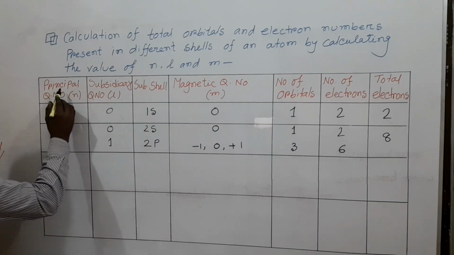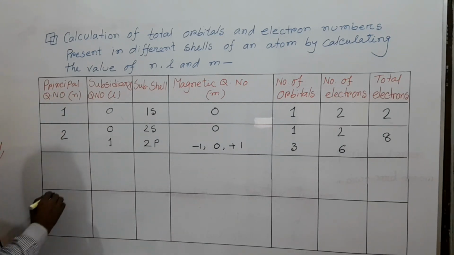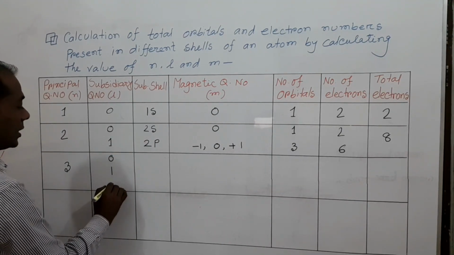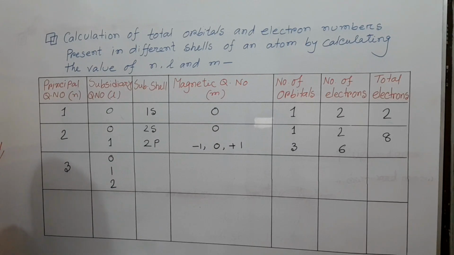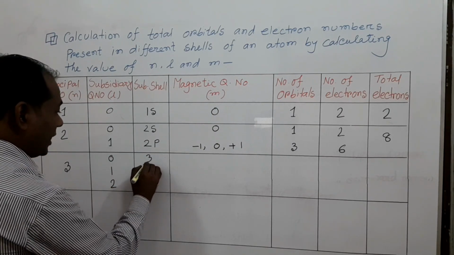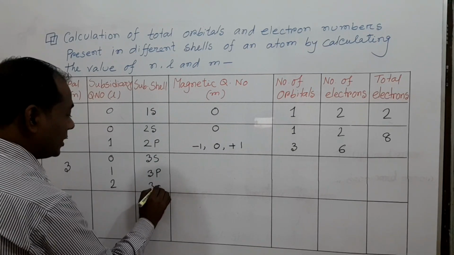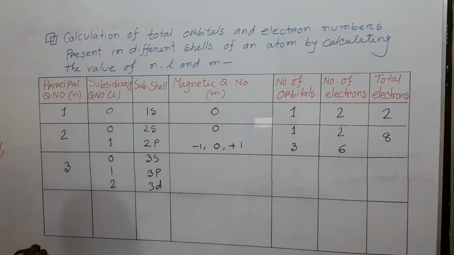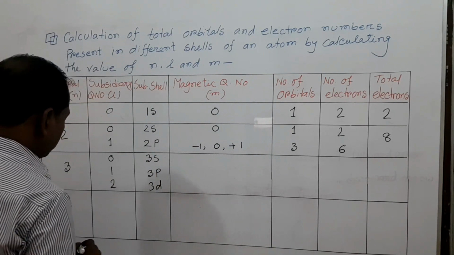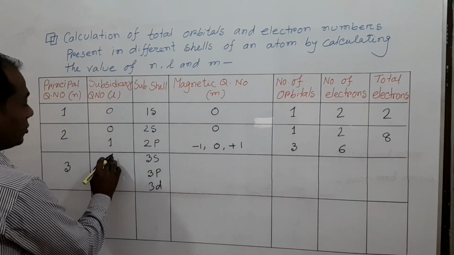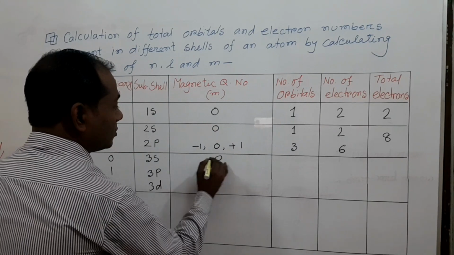Now when the principal quantum number n equal to 3, then the value of L equal to 0, 1, 2. So subshell is 3s, 3p, and 3d, and for this case the value of L equal to 0, so m equal to 0.